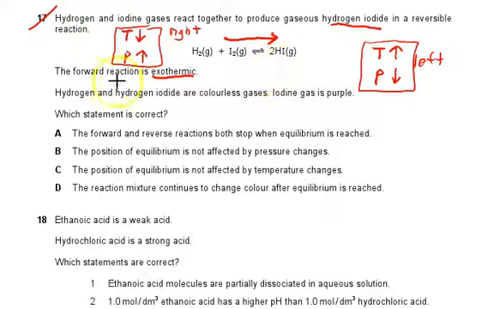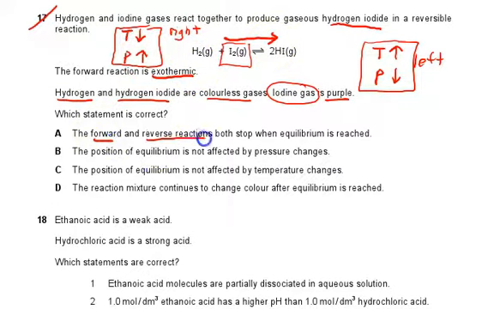Now we look at the answers. Hydrogen and hydrogen iodide are colorless gas. Iodine gas is purple. So here you can see the purple gas is reducing if it's a shift to the right. Option A, forward and reverse reaction both stop when equilibrium is reached. It doesn't make sense. They won't stop, they'll continue. Position of equilibrium is not affected by pressure changes.